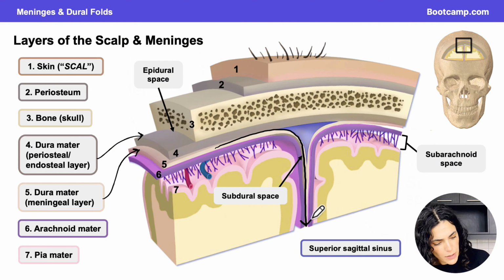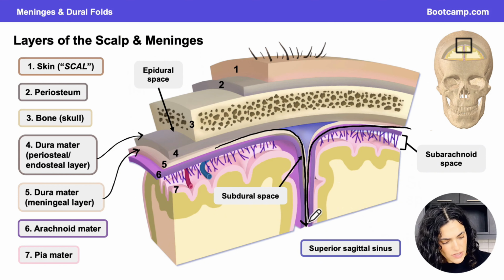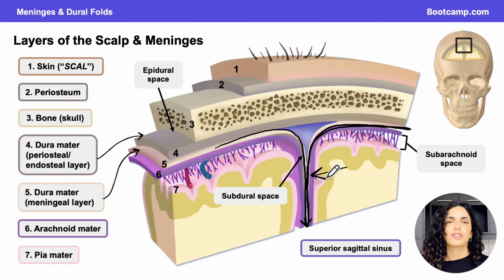So we get it on this side and we're also going to get it on this side. So essentially what's happening is that as it's invaginating inwards, eventually this meningeal layer will fold on itself, travel back up, and then eventually merge again with that periosteal layer of the dura. So the folding that occurs in this area actually creates these dural folds that will separate certain areas of the cerebrum as well as the cerebellum.